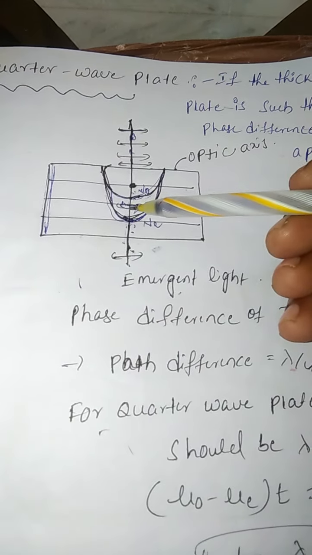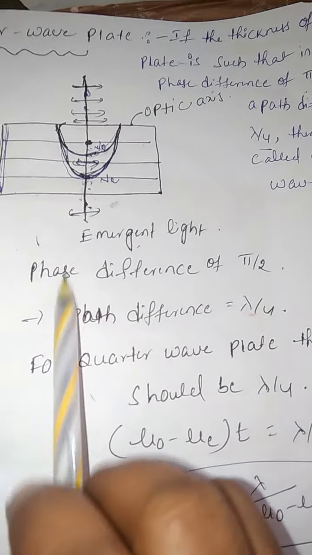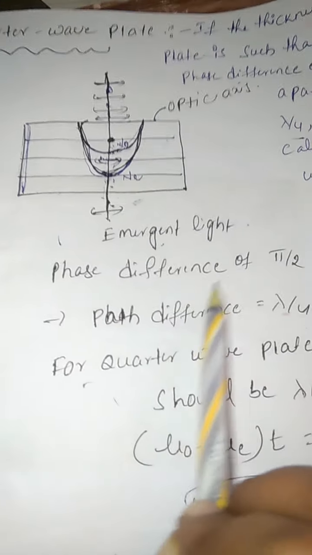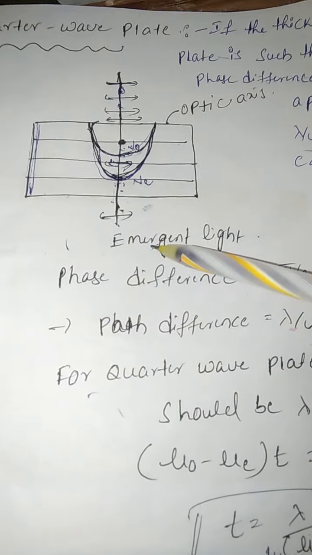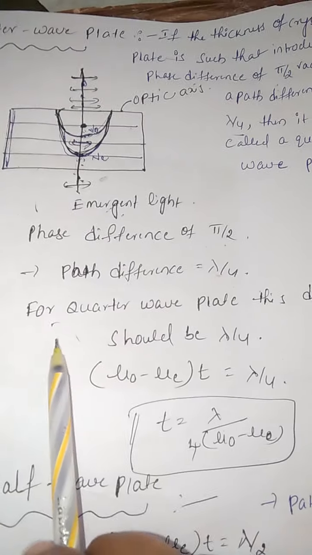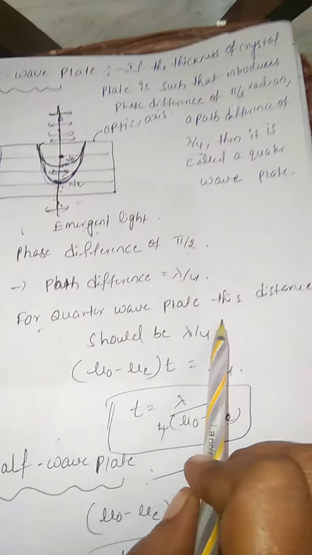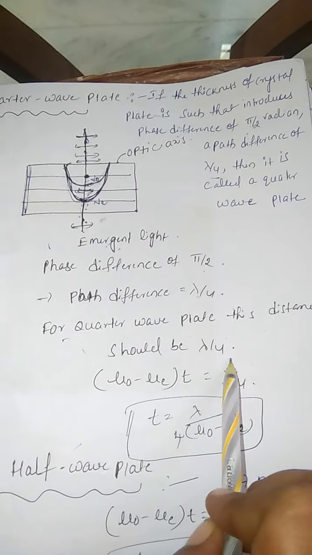The wave plate whose path difference is lambda by 4 and phase difference is pi by 2 is said to be a quarter wave plate. So for a quarter wave plate, the path difference should be lambda by 4.